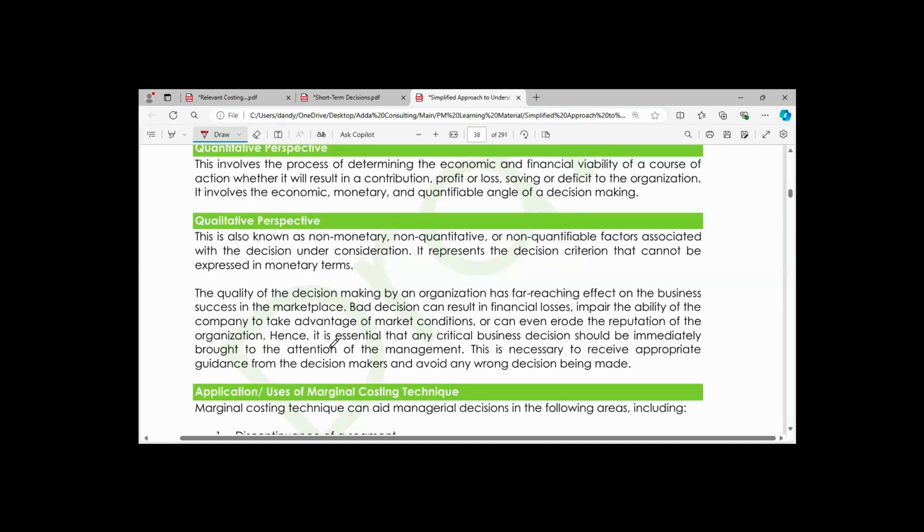Anything that is not clear to you in your day-to-day activity as a management accountant, you have to seek guidance. If the solution is not within your immediate work environment, you can talk to your professional colleagues and seek their advice as well. There is no harm in doing that. Okay? So that is that.